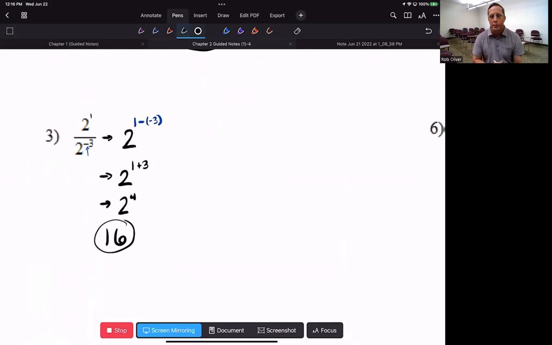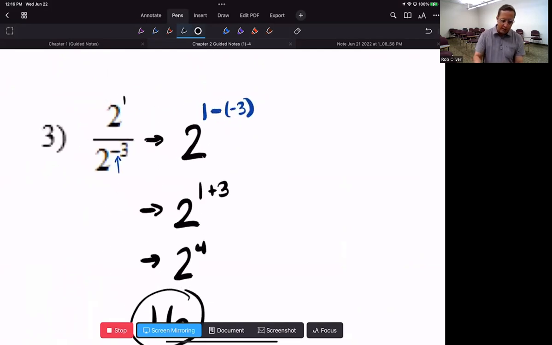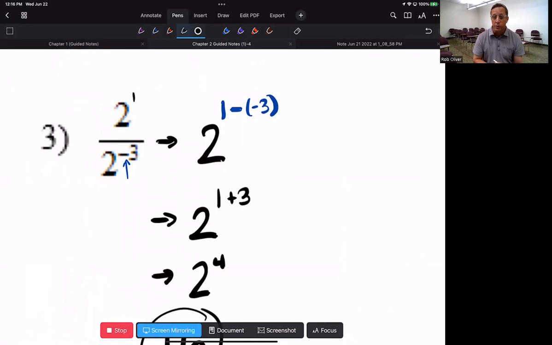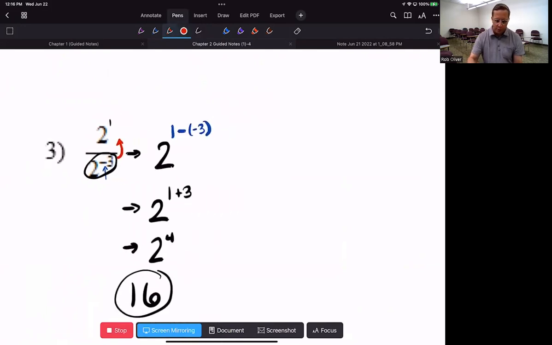And then another way to deal with it is to think about the way negative exponents work, which is that you can change their position. So we can move that up. So now what we have is 2 to the 1st power. I'm going to write a little dot for multiplication. Looks like an exclamation point, doesn't it? Put it right over there.